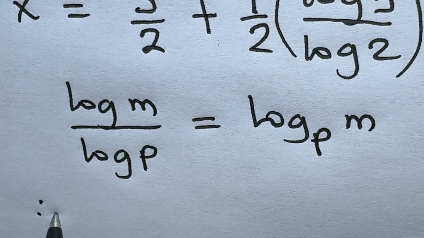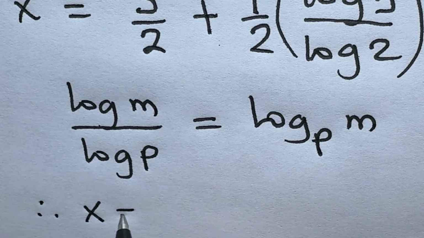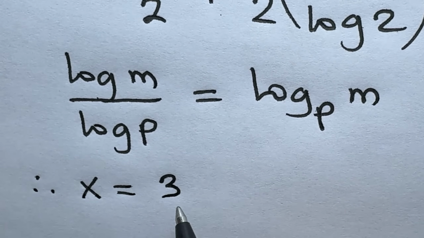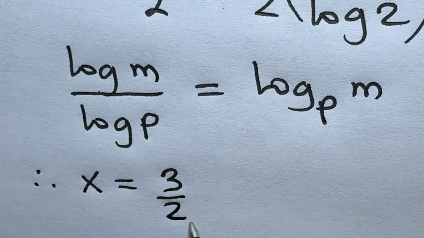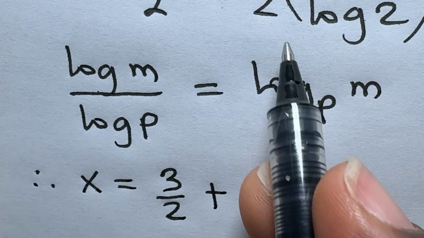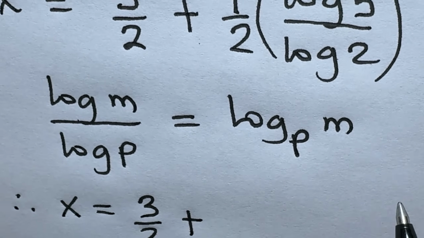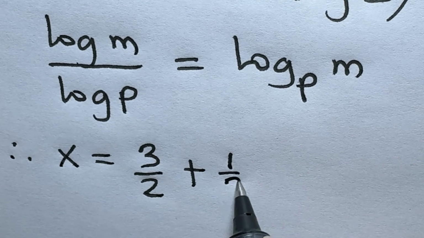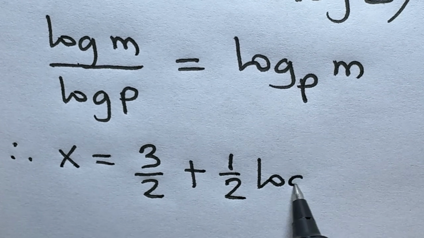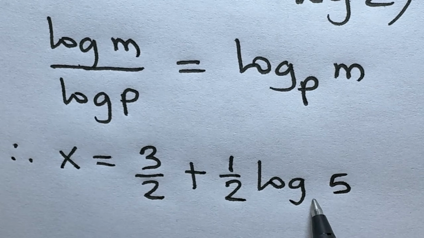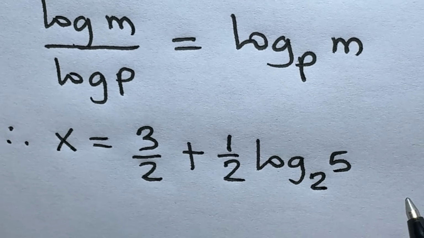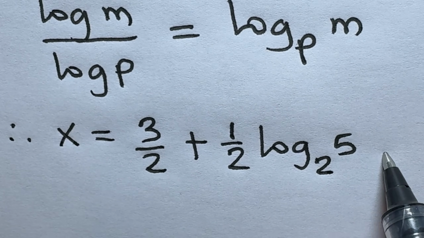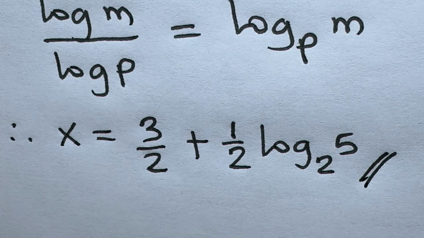Then we say x is equal to 3 over 2 plus 1 over 2 log 5 base 2. This is then the final answer to this problem.